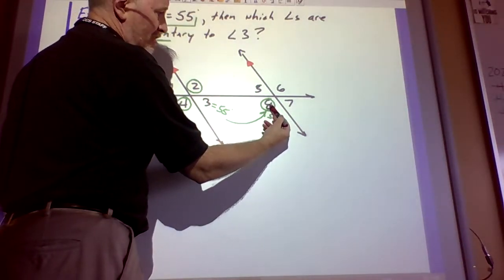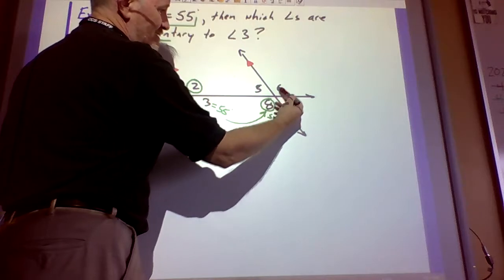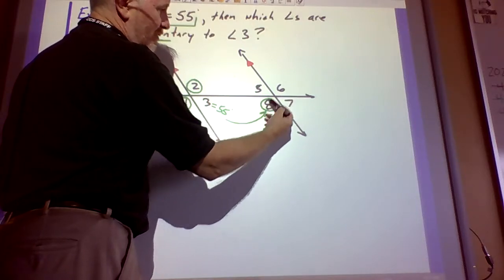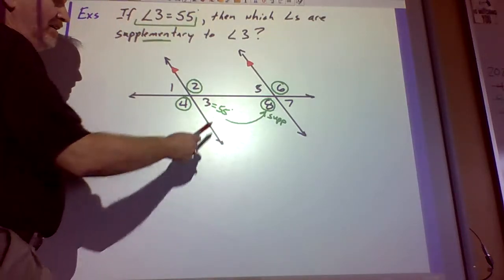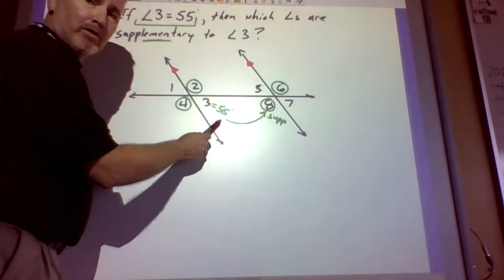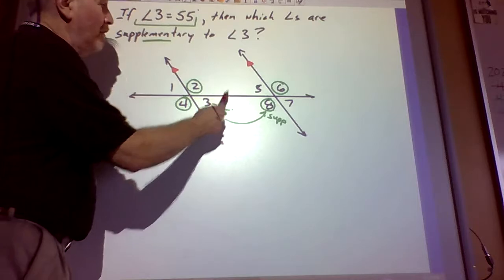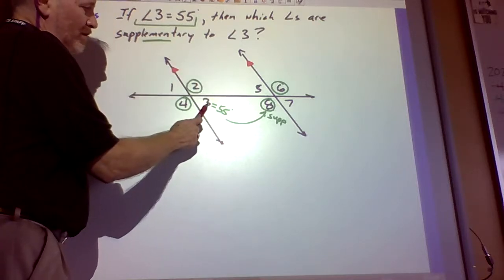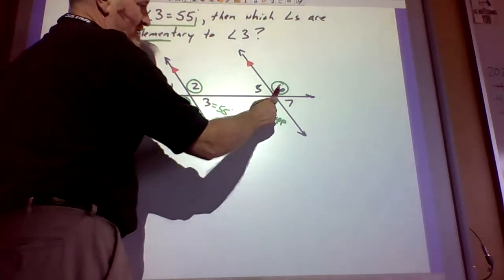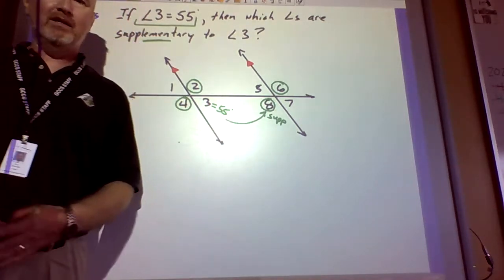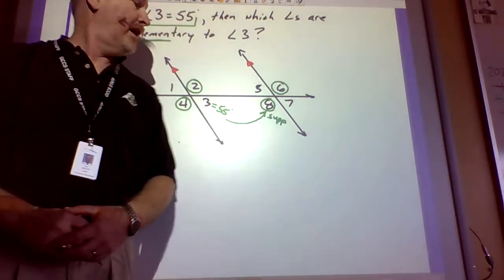So if 8 is a correct answer, 6 is vertical with him. So therefore, that means 6 must be a correct answer. So the angles that are supplementary, not equal to, they don't want that. They want supplementary to. The ones that are supplementary to 3 would be angles 2, 4, 6, and 8. Those would be the ones supplementary to angle 3.